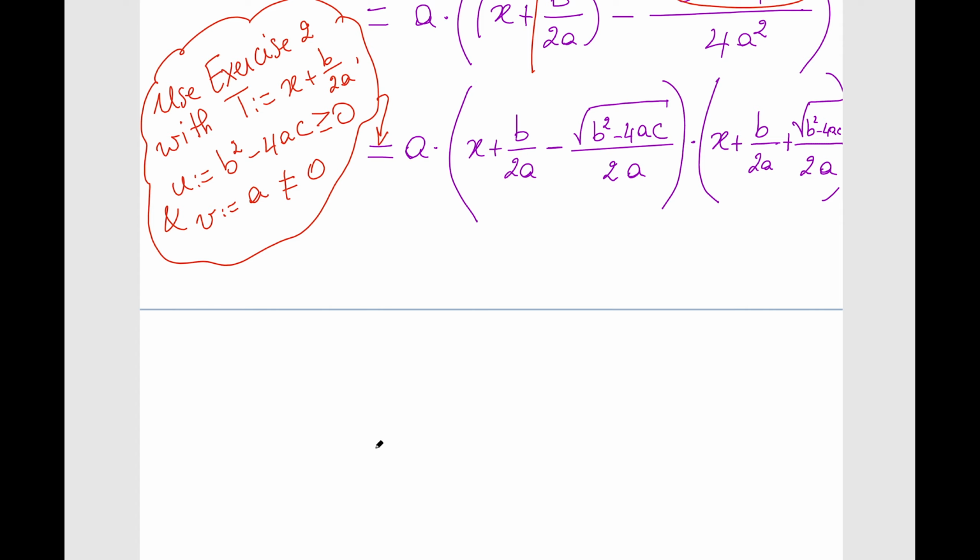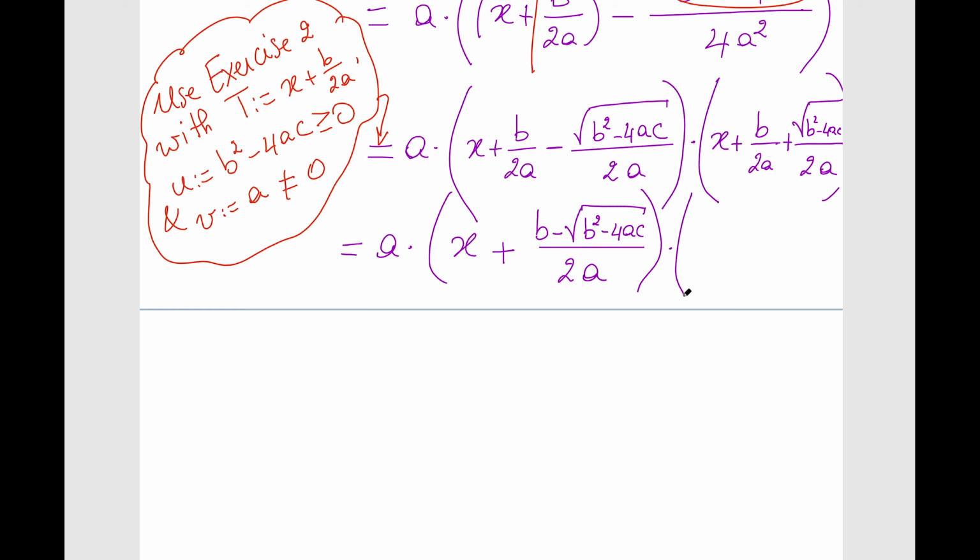So this is then equal to a times, since they have the same denominator, which is 2a, upstairs I get b minus the square root of b squared minus 4ac, divided by 2a. And similarly here, but now I'm gonna have b plus, because of this plus. So times x plus b plus the square root of b squared minus 4ac, divided by 2a.